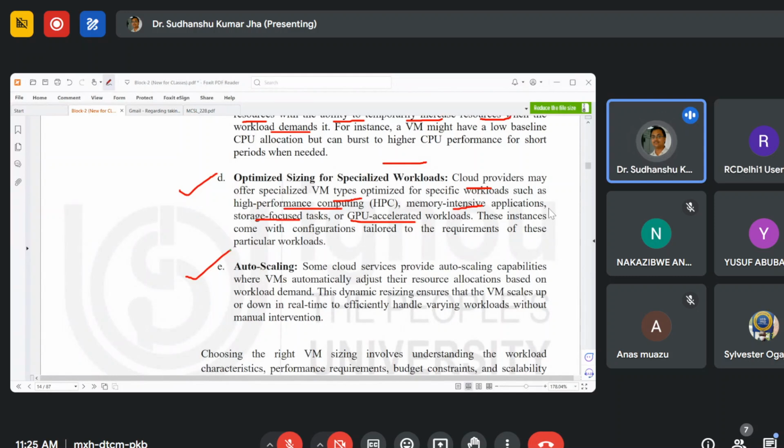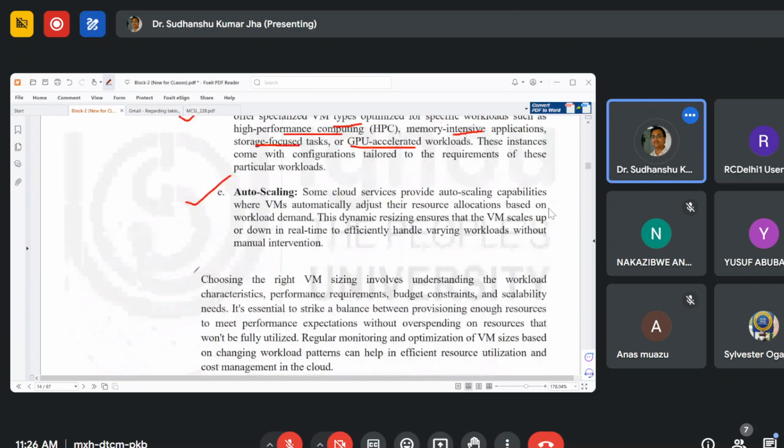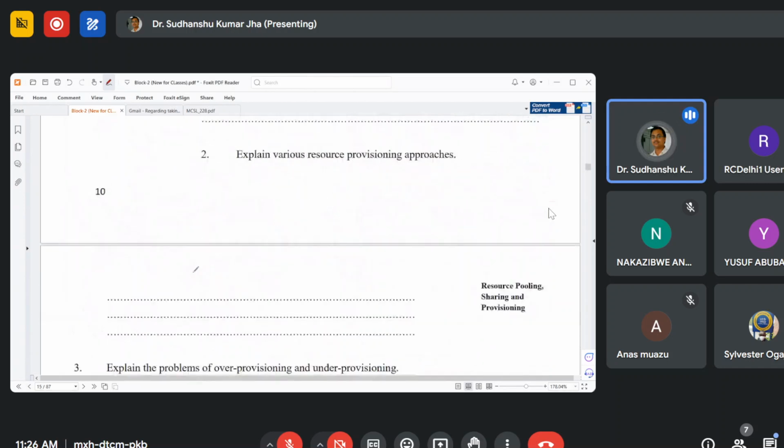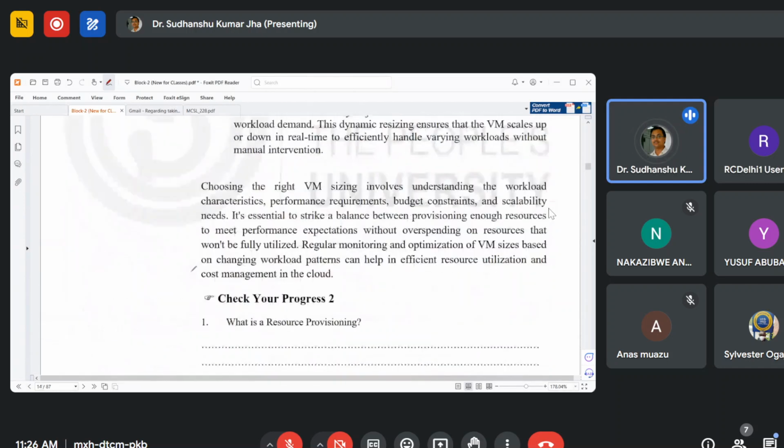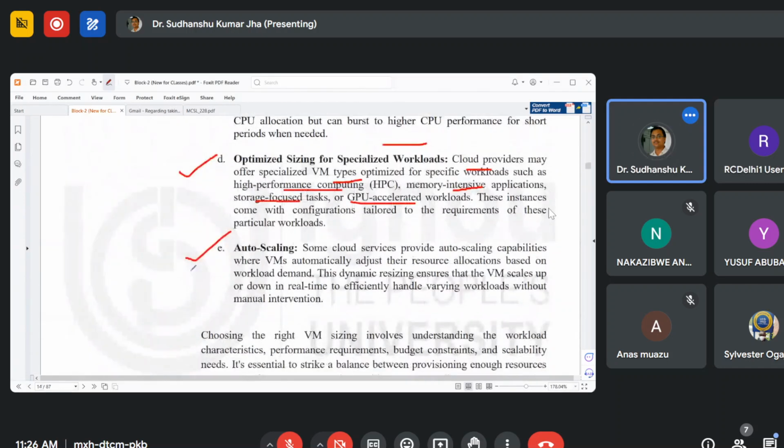So at runtime, you are provided more resources. After some time, it is observed that you require some more resources, so more resources are allocated. So the allocation and de-allocation varying at any rate is the auto scaling. So that is the resource allocation and the resource provisioning.